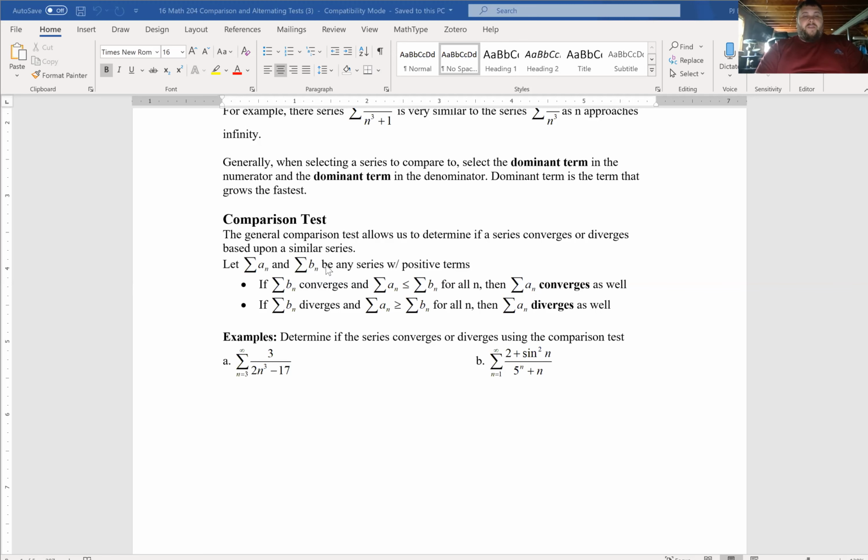If you create B sub n and it diverges, you must also show that the sum of A sub n is greater than the sum of B sub n. And if both of those are true, then you may say A sub n diverges. So there's two criteria here. And the reason I'm not a huge fan of the comparison test is this sum less than or equal to situation is not the easiest thing to figure out.